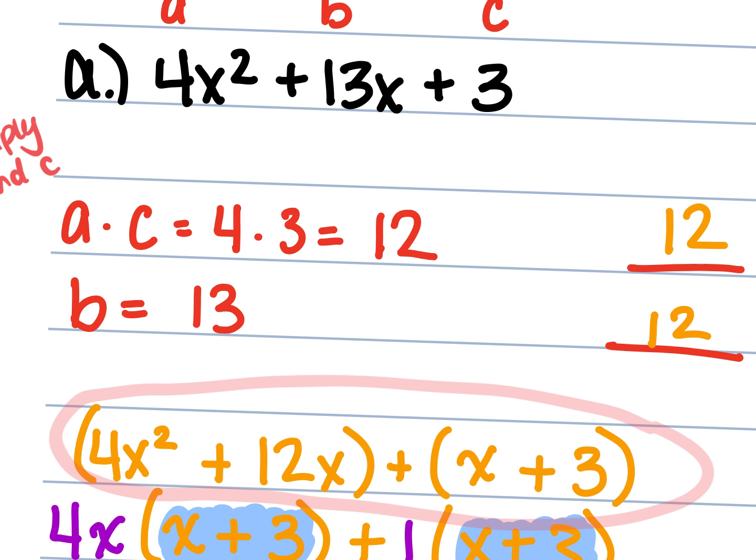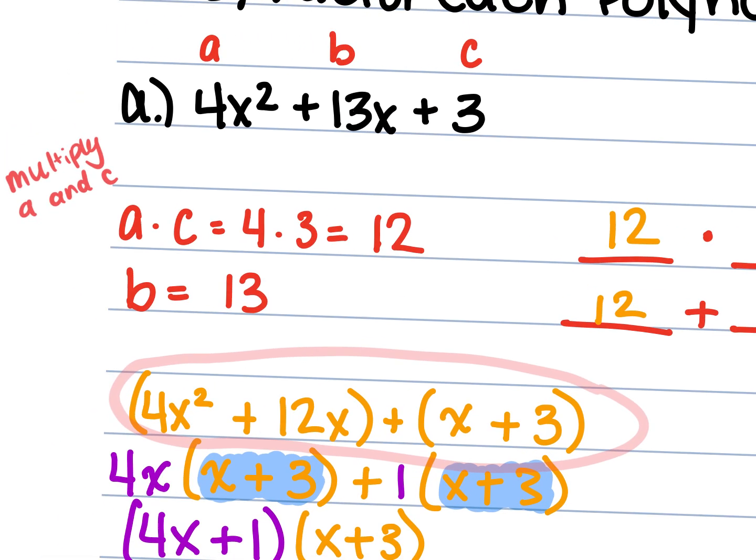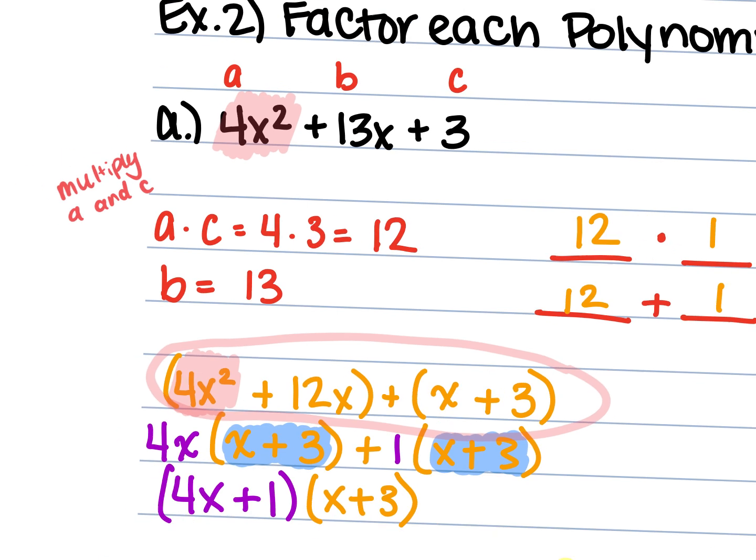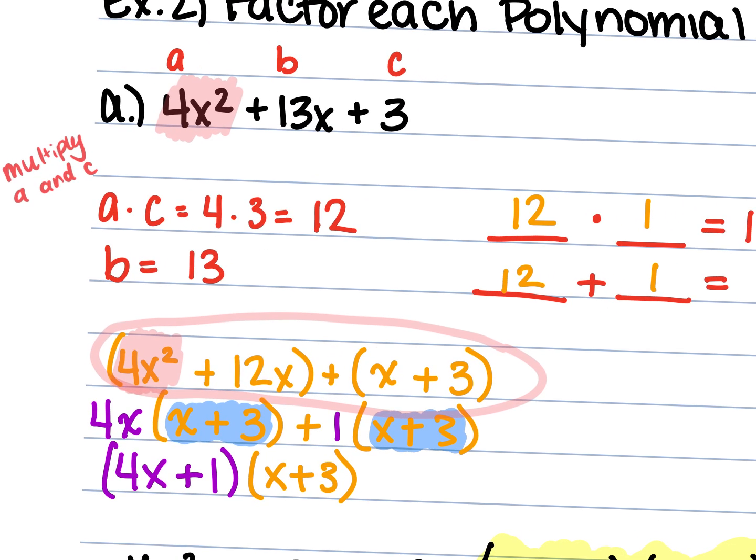That's the whole premise of today's lesson. So they kept 4x squared the same, excellent, and then they added 12x. Where did the 12 come from, Matthew?